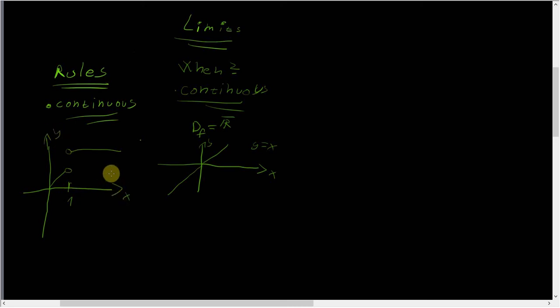The problem here is that if we approach the value 1 from the right hand side, we get, let's say, the value 2. But if we approach 1 from the left hand side, then we get the value 1. So our limit from the right hand side does not equal the limit from the left hand side.